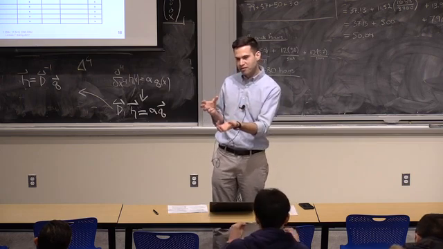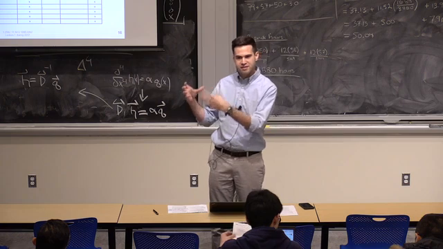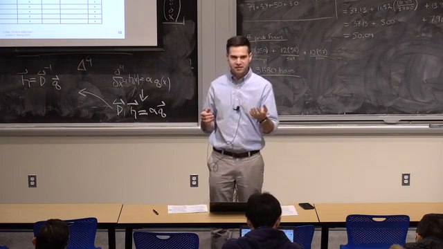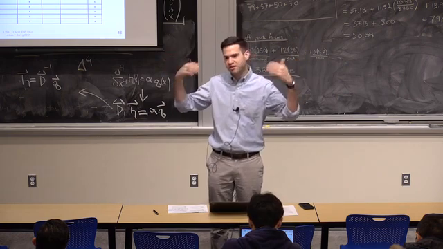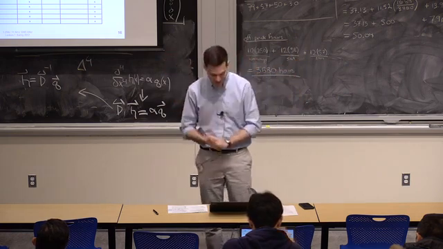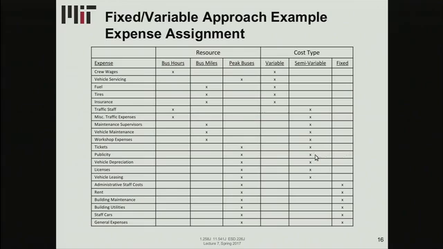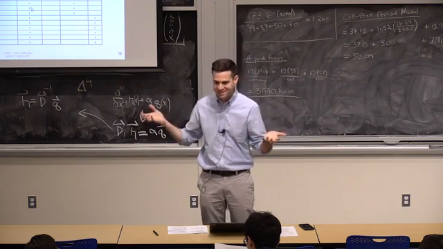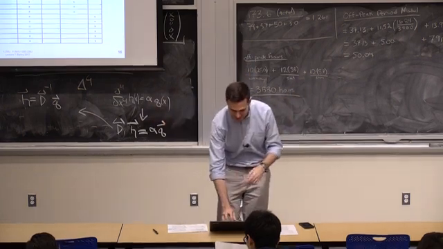Some of those expenses are having an office and staff, so some salaries. That portion is fixed, but then there's extra space that you have to cover on each additional bus. So that part is variable. So now we have a semi-variable cost, and you can associate that in this case with peak buses because for each peak bus you have, that's how many buses you have to plaster with ads, right? That gives you an example.